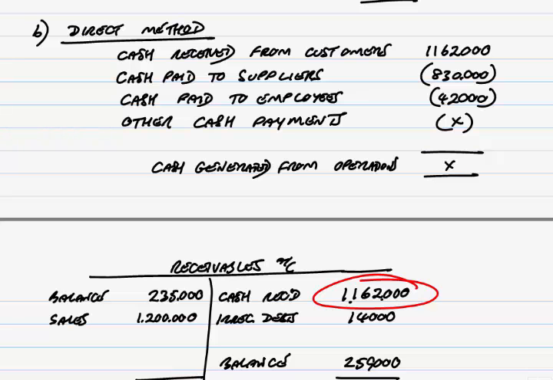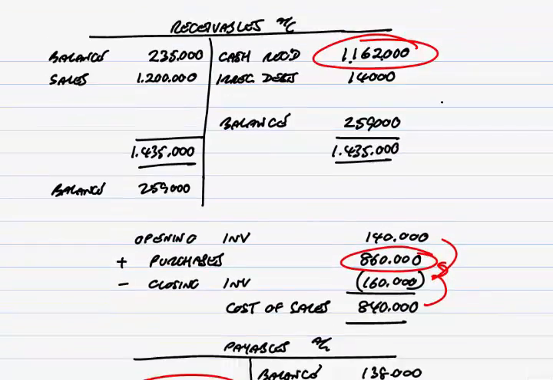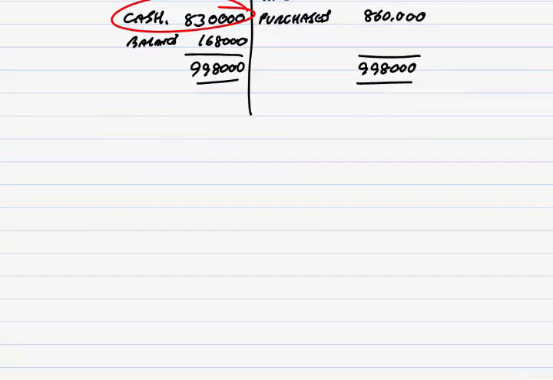Finally, we need other cash payments. Well, the other cash payments, we've got our distribution and admin expenses of, what is it, 120,000.